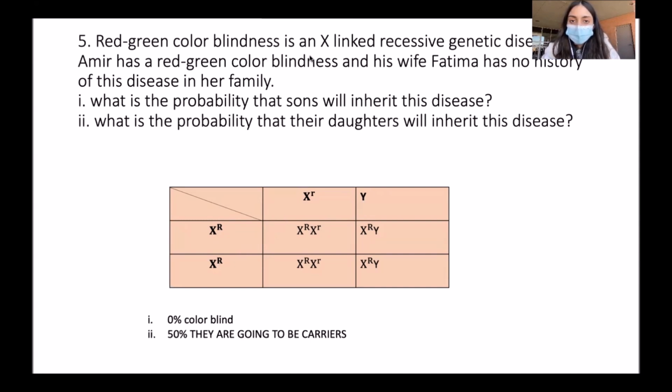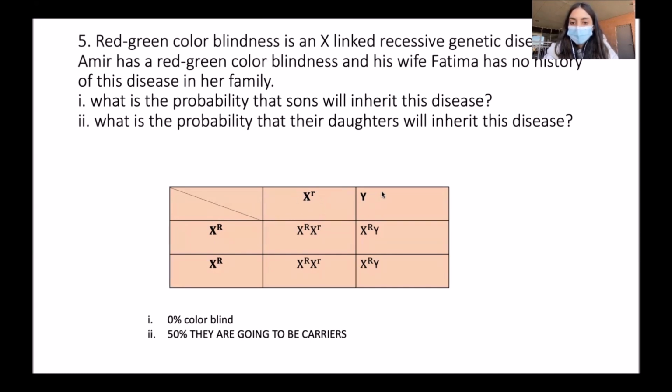So he's going to have 1 X because males have 1 X and 1 Y. And the 1 X that he has is going to have a little r. Okay. So we're going to cross them. We're going to put X little r and Y here.